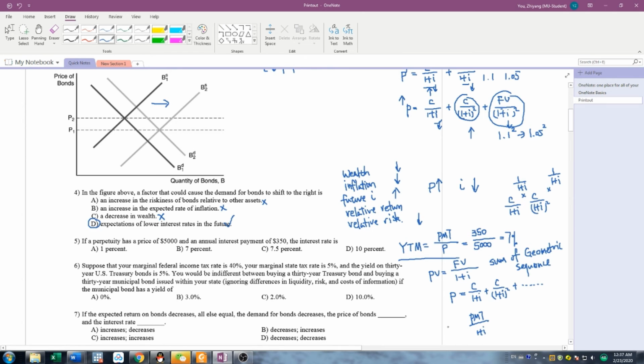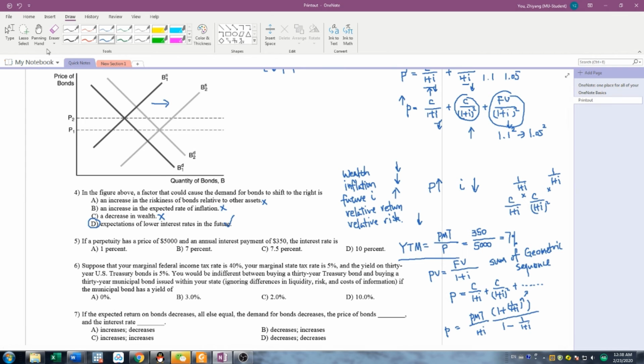Okay, so this is the summation, or the price, equals the first term times 1 minus the ratio to the power of n periods, divided by 1 minus the ratio, 1 over 1 plus i. Okay, so when n goes to infinity, like a perpetuity, since 1 plus i is greater than 1, the whole thing goes to 0.